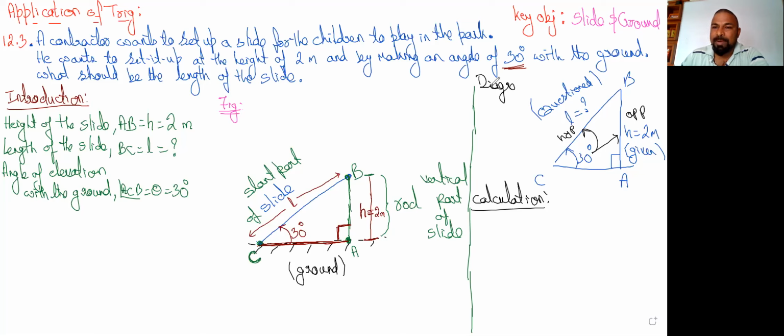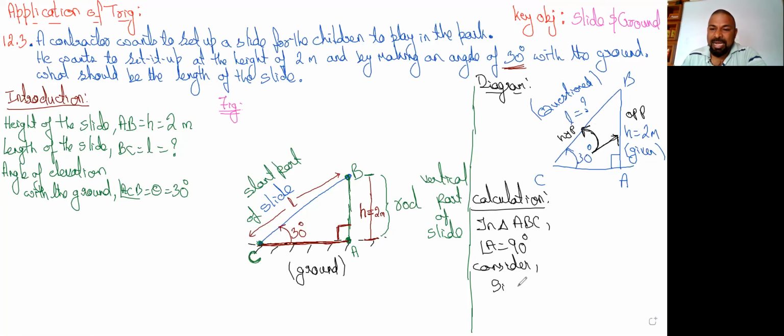Okay, now in triangle ABC, angle A is equal to 90 degrees. That's clear cut, right? Consider what is the trig ratio we are considering. If we are standing at 30 degrees, the one which is given is the opposite side, and the one which is questioned is the hypotenuse.